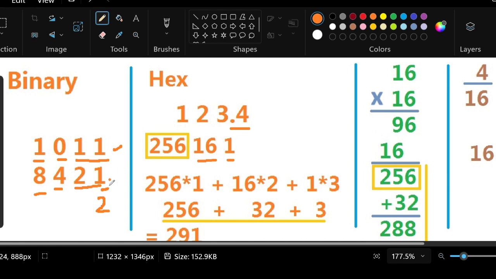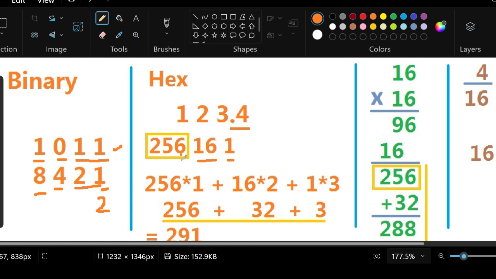Okay, and later on the explanation really is, 2 raised to the 0 is 1, 2 raised to 1 is 2, 2 raised to 2 is 4, 2 raised to 3 is 8, right? So in this case, the same way, 16 raised to 0 is 1, 16 raised to 1 is 16, 16 raised to 2 is 256.